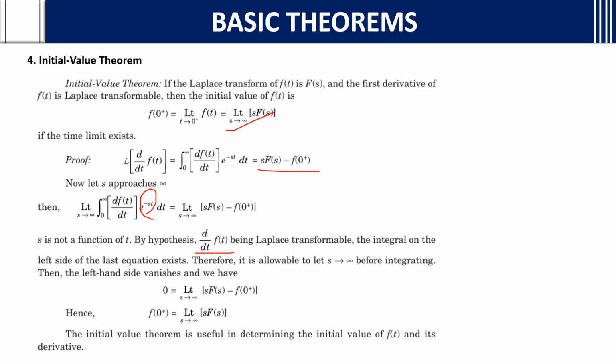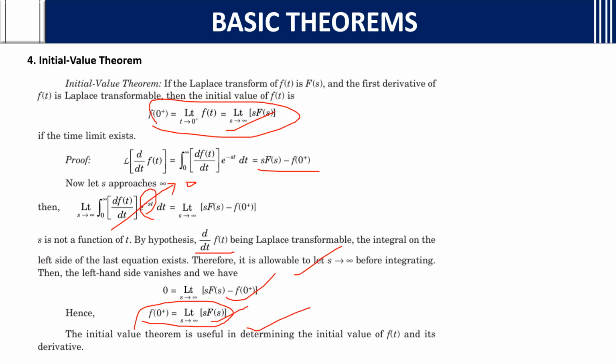Then the left hand side vanishes, so the limit as s tends to infinity of s F(s) minus f(0+) equals 0. So f(0+) is the limit as s tends to infinity of s F(s). Moving f(0+) to the other side, you get the limit as s tends to infinity of s into F(s). This is what you required, and this is what you got.